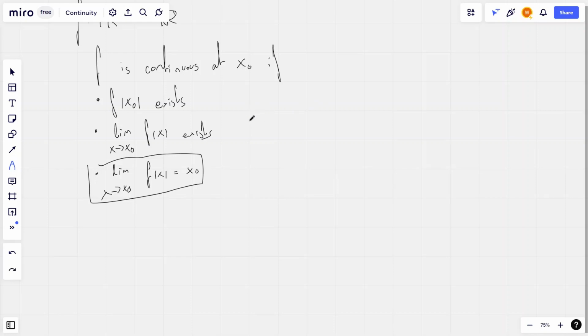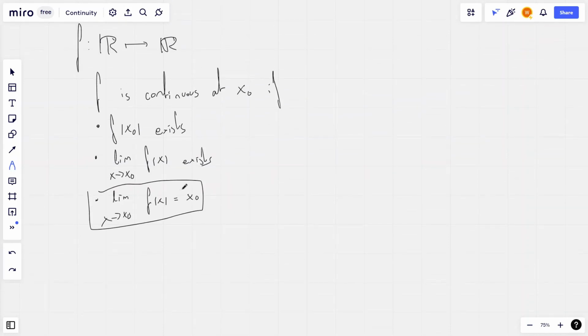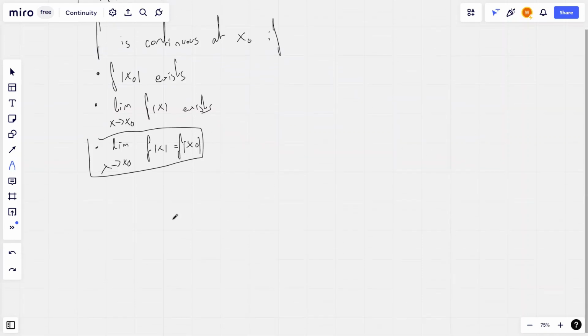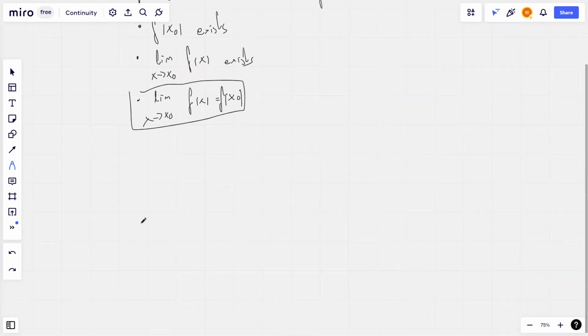So it's continuous at x0 if the limit as x goes to x0 of f of x is equal to the value of the function at x0, because this requires f of x0 to exist, it requires the limit to exist, and it requires the two to be equal. Okay, so for example, say we want to see that x squared is continuous at 0.